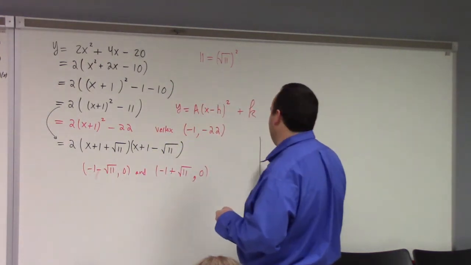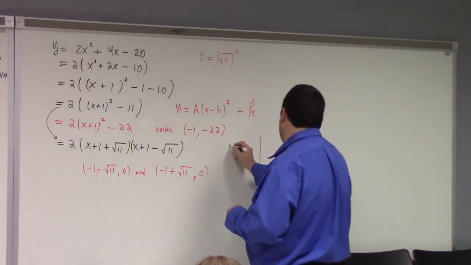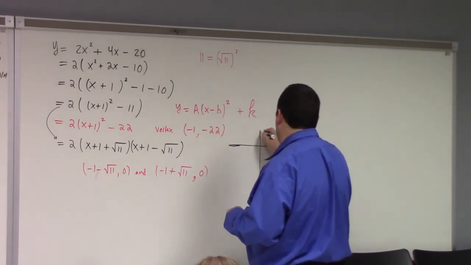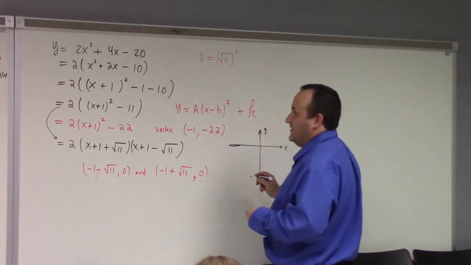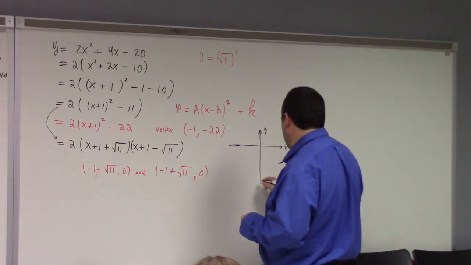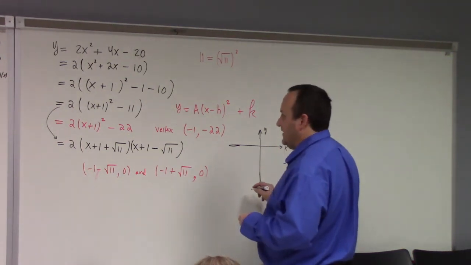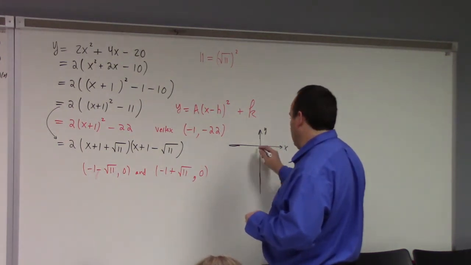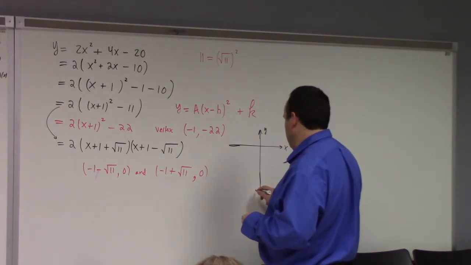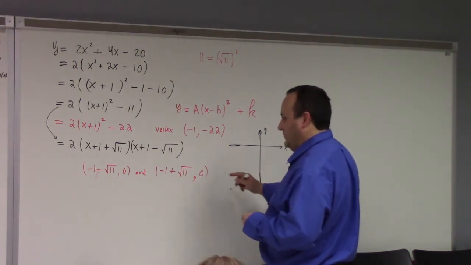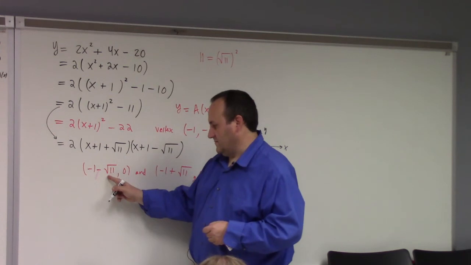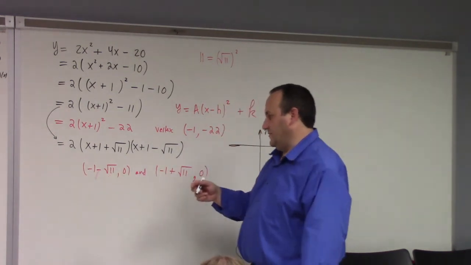Not sure I really want to graph this thing. I think most of the interesting stuff here is happening way negative. The vertex is at like minus 1, minus 22. What is the square root of 11? It's about 3.2 or something.